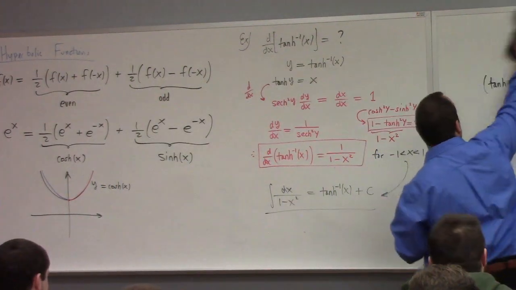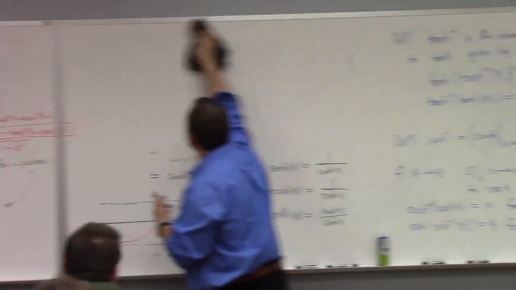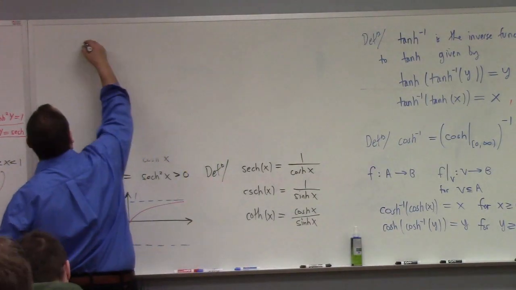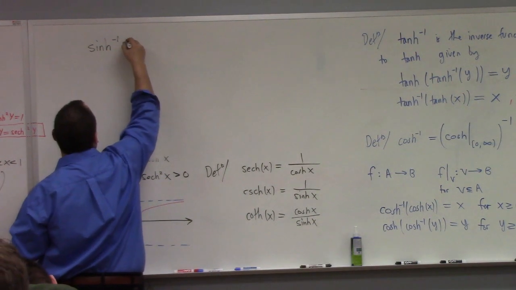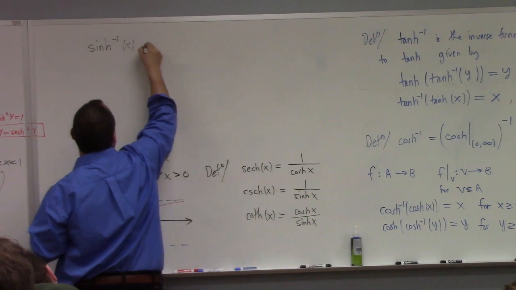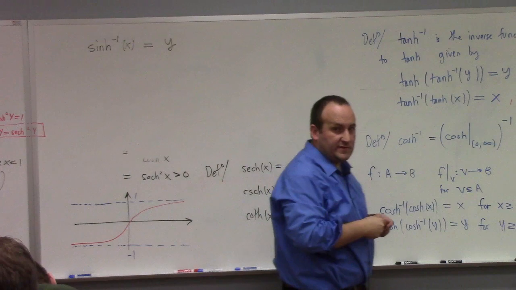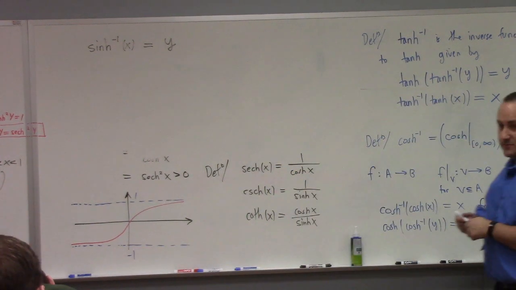Let's derive one of those. So here, I'll do it for you. If we're looking at inverse hyperbolic sine of x equals y, I'm going to show you how we can rewrite this as a logarithm. I don't think that's at all obvious at the moment, but let's get to it.